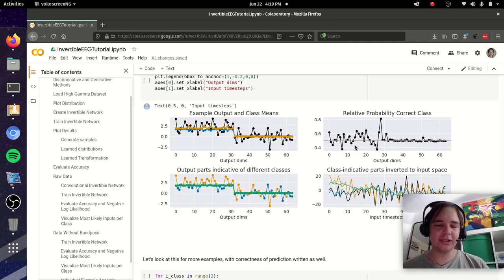Actually, I don't remember clearly now, but I think it should be resting state, the correct class here. And then you can see, as I said, some dimensions are indicating the correct class quite strongly, others are indicating the incorrect class.